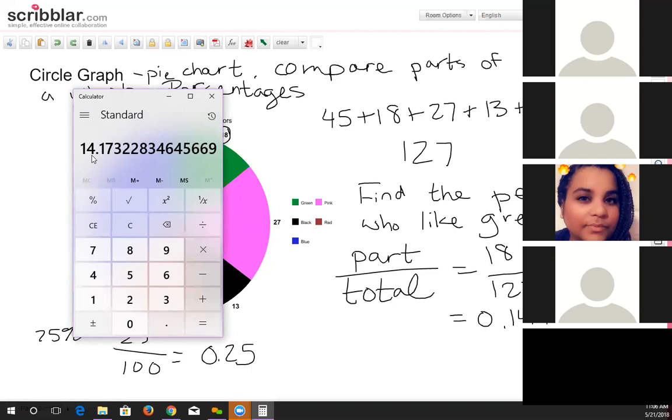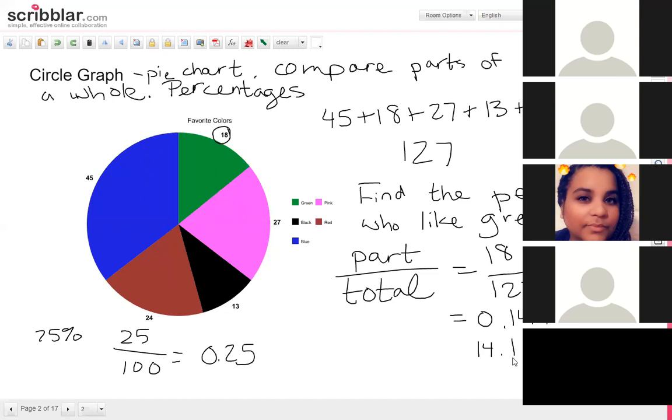We're going to round to the nearest whole number. So 14.1, if we're going to round at the 4, we look at the next number. Since this 1 is between 0 and 4, we keep the 4 the same. So this would be 14%.